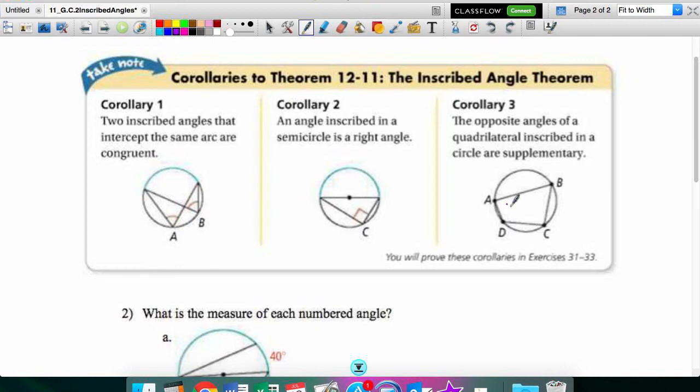So for example, in this inscribed quadrilateral, we can find that the measure of angle A plus the measure of angle C is supplementary, so that means that they add up to 180 degrees. The same can be said about angles B and D. Those would add up to 180 degrees. So these are our three corollaries that we're going to be using in the next few examples. So let's take a look.